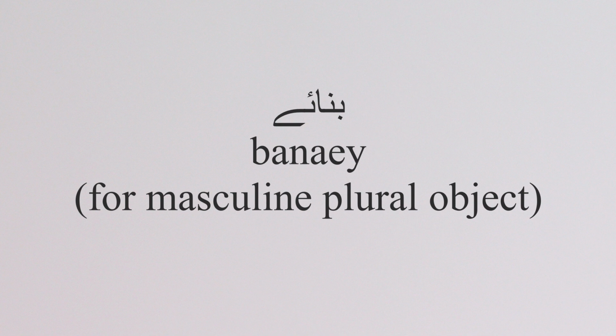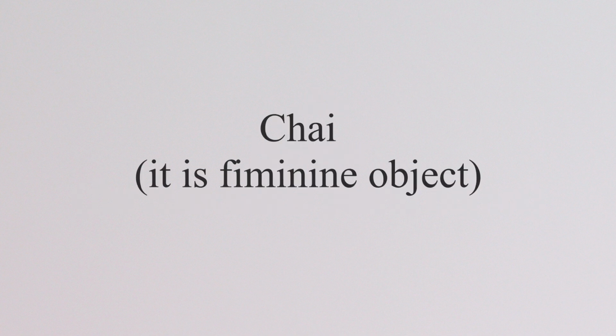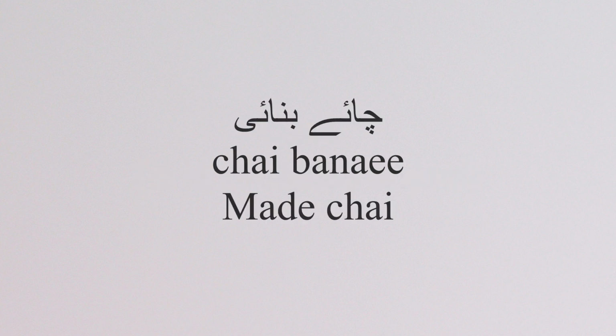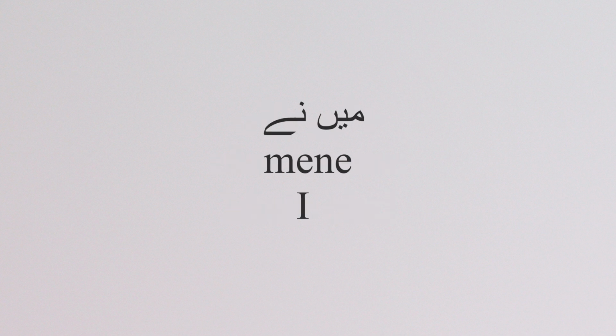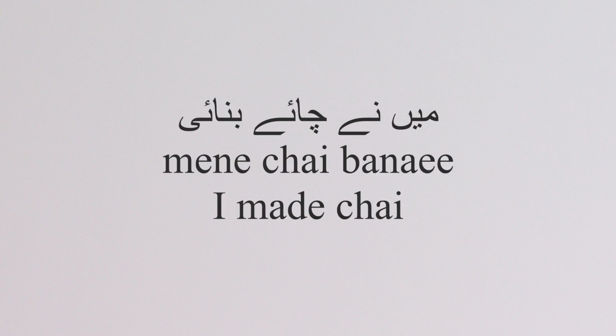So for example, chai is one feminine object. So chai banai. We didn't put the subject here. Main is the subject. In the past tense with the transitive verbs, we have to attach ne with the subject. So maine chai banai.